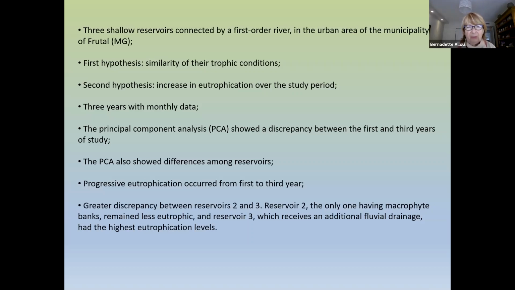I would like you to expand a little on the effect of macrophytes. There is only one reservoir with macrophytes, and it is the one that is less eutrophic. Could you explain a little about it?